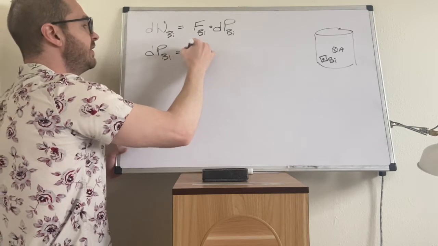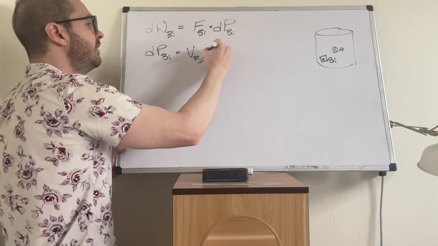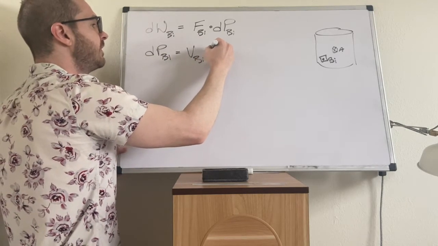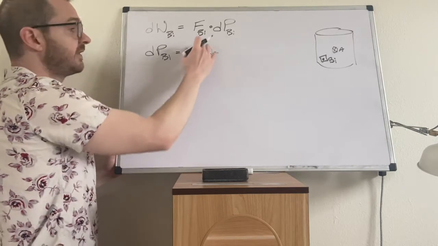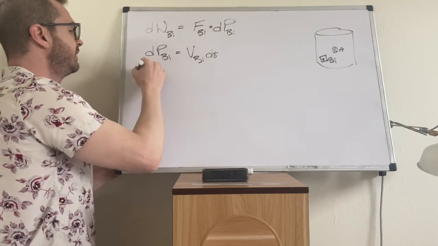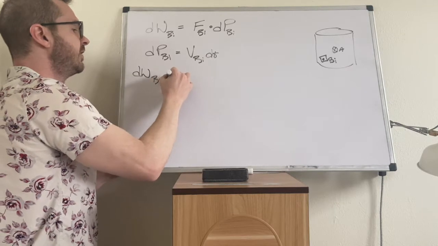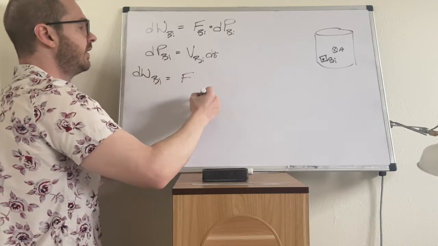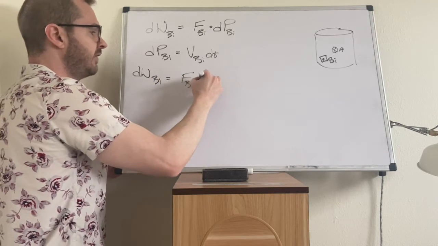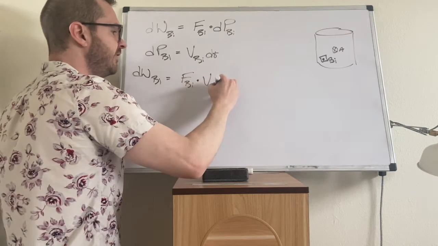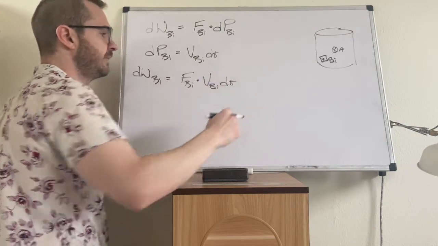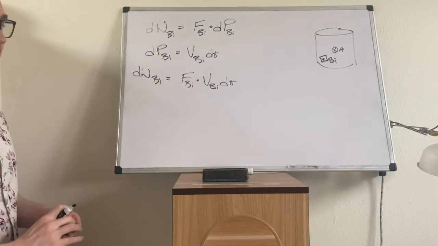This is going to be VBI multiplied by dt. So we can take that and insert it into the equation above, dWBI, so this is now the forces acting at BI dotted with VBI dt.